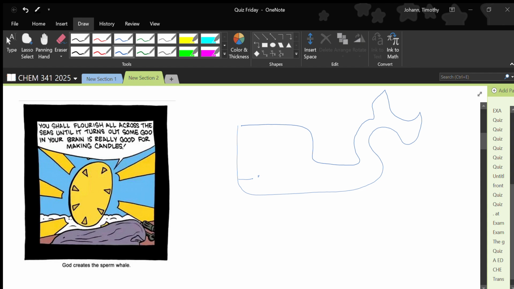Sperm whales are characterized by these really big heads, oversized compared to the rest of the whale. So what's that about? Up here in the head, this is filled with, we're going to say fats and waxes. We'll refine these better.